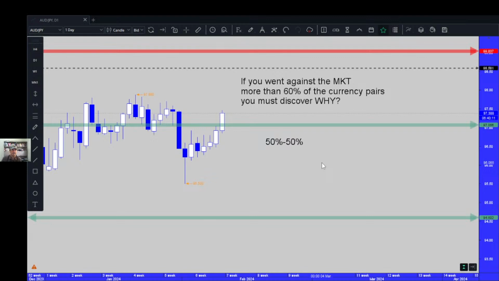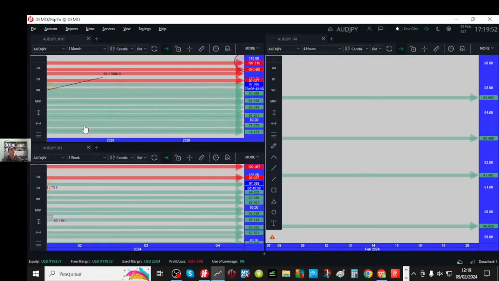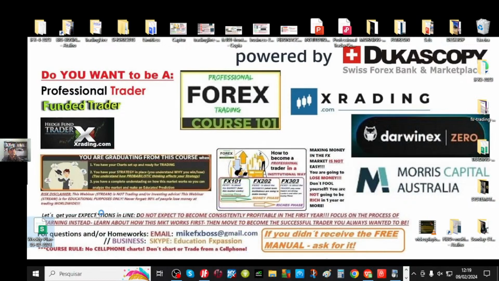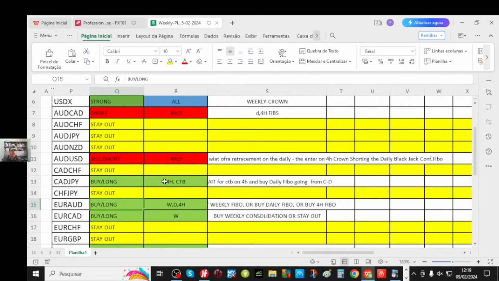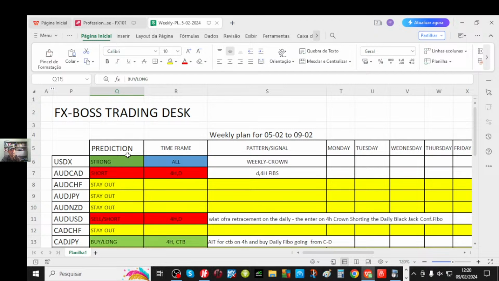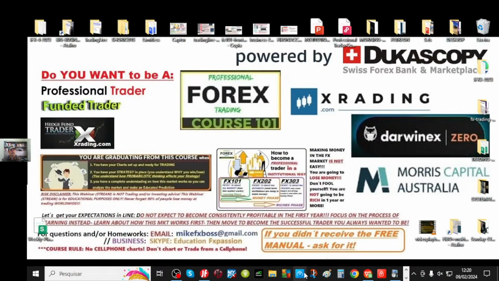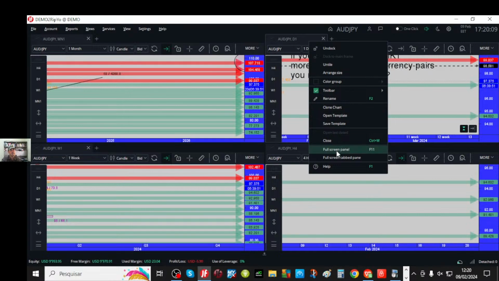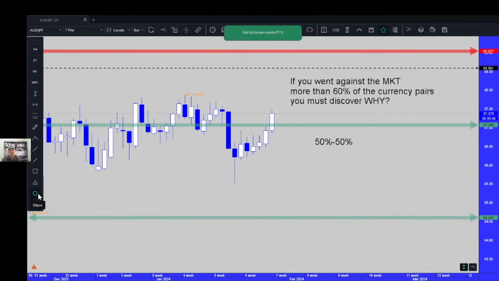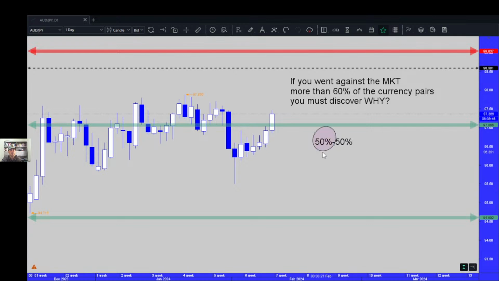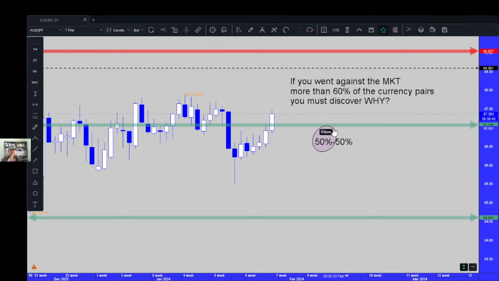If I make a prediction on a weekly basis, and professional traders do this, and week after week after week, I am right on the direction 50%, not 60, not 40, 50%. I'm half right as an analyst. What does this mean in terms of production? What does this mean in terms of pips and money?